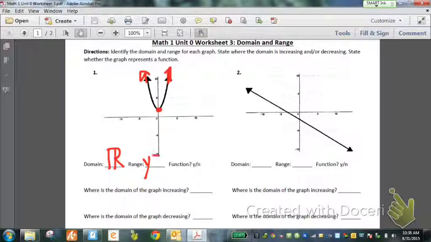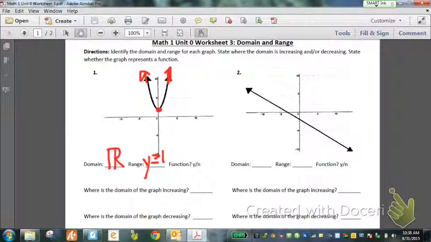Yeah, so this would be y greater than or equal to 1. We use the letter y because the range means y values. 1 is the lowest point. All y values from now on are above or equal to the point 1. This is super tricky. We will go over it some more tomorrow, but I want you to try it on your own first, okay?